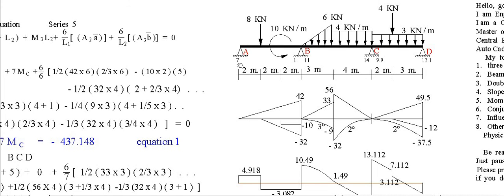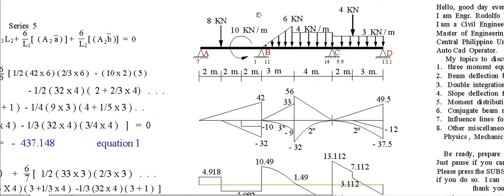Then the reaction at A of 7, you multiply this by 6, it is 42. Or bring this force and make a moment at B, or pivot at B, it is 42. This 8 concentrated load is going down, so multiply 8 by 4 is 32. Start here, then end here. The moment is negative with respect to B, so minus 10.